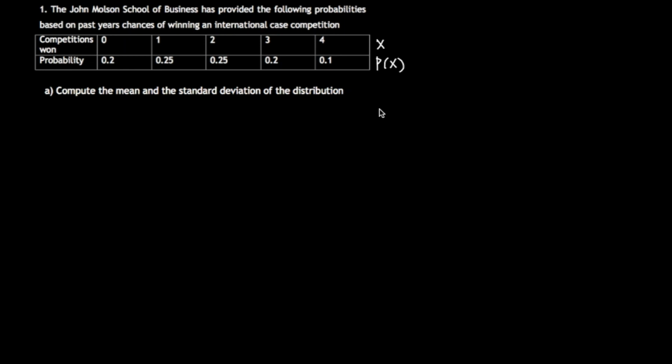So let's start with the mean. The mean in this particular chapter can be written as E of X is equal to the sum of what? Each X multiplied by its given probability.